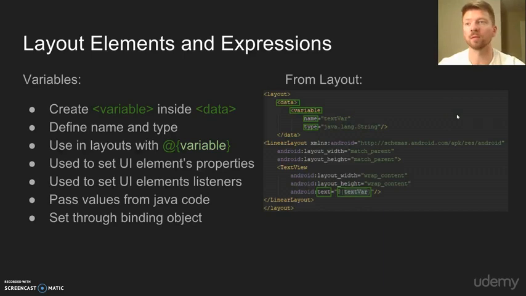And then we can use our variable in any of the attributes in our layout by having the at sign and curly brace, then the variable, and a closing curly brace.